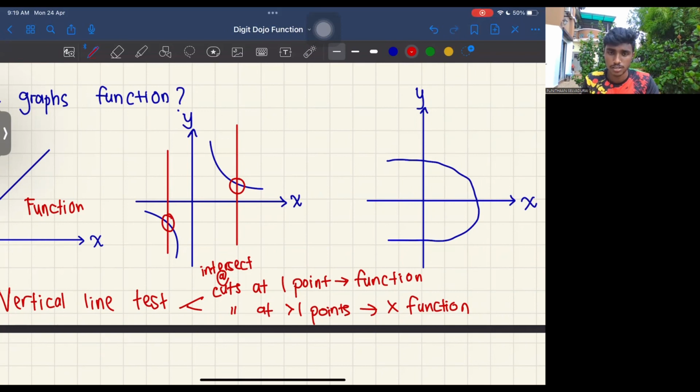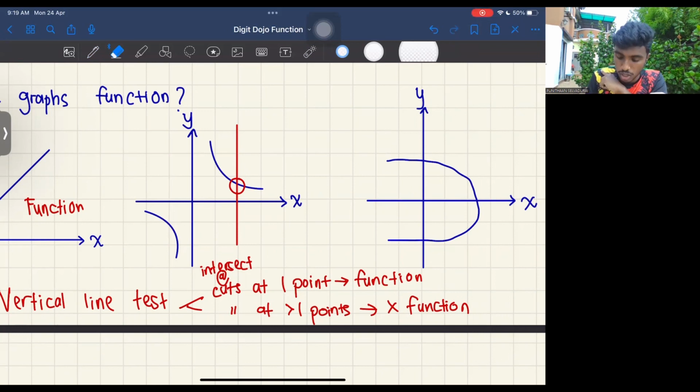You just need to compare with one line. Don't draw two lines and check and say it's intersecting at two places. No, you must only compare that one line with the graph. So when we compare both, it's intersecting at only one point, and we can conclude this one is a function.